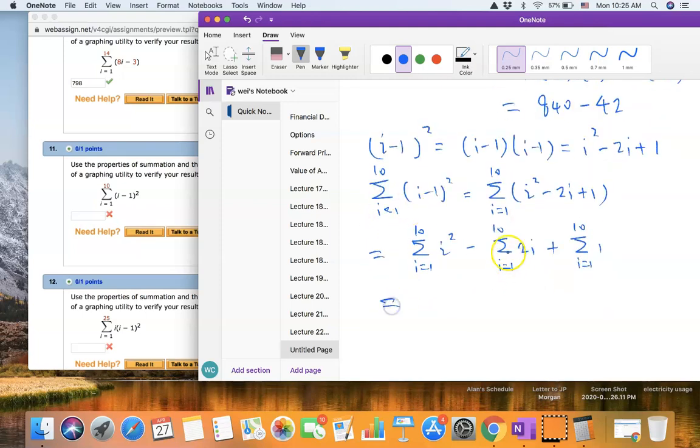And for the second summation, we use the first property.